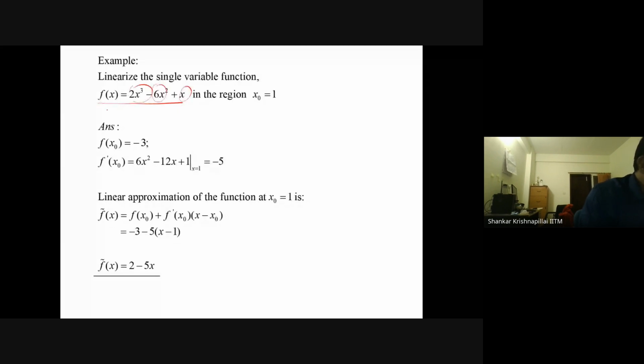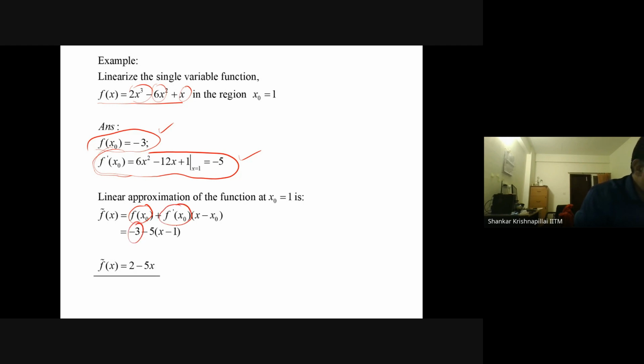First you have to find f of x naught, then the first derivative at x naught. So f of x naught is minus 3, and the first derivative at x naught is minus 5. You substitute these in the equation: f of x naught is minus 3, the first derivative at x naught is minus 5, and this is x minus x naught, or x minus 1.